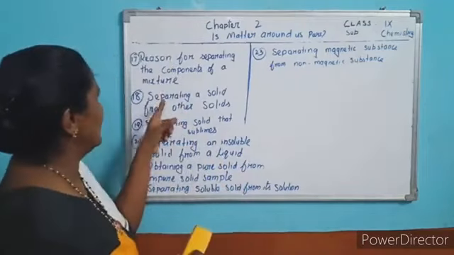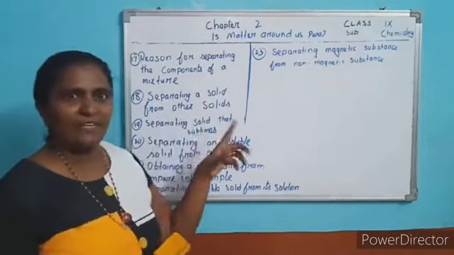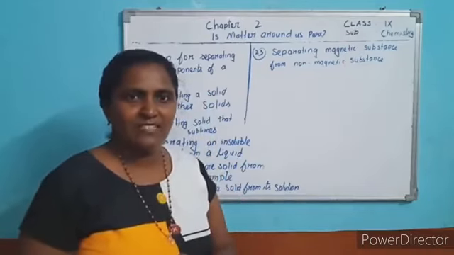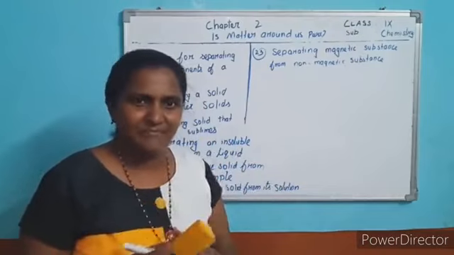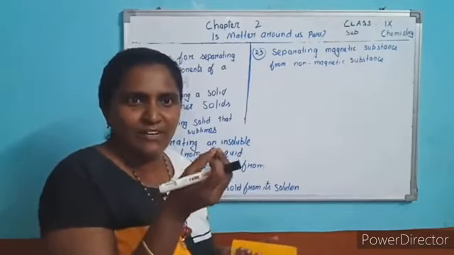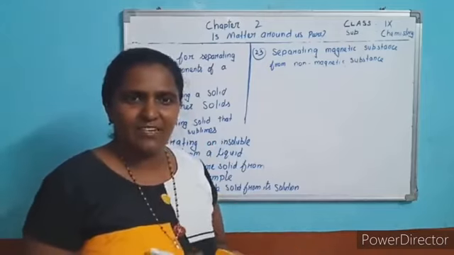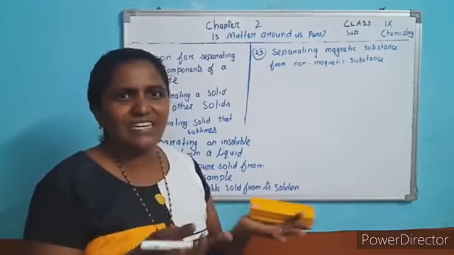The first question is, how to separate solid from other solid? Two solids. If the two solids have a great difference in size, suppose salt is mixed with the rice. How will you go about it? You go for sieving.